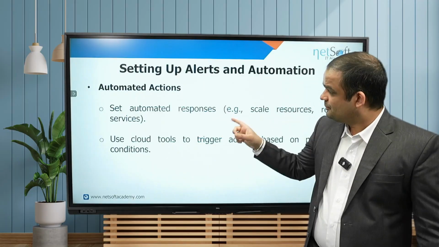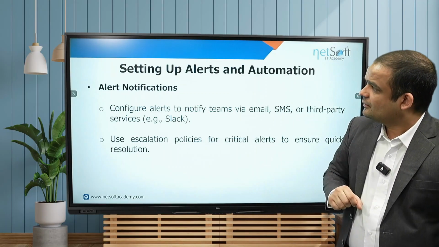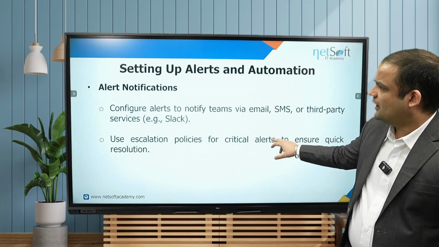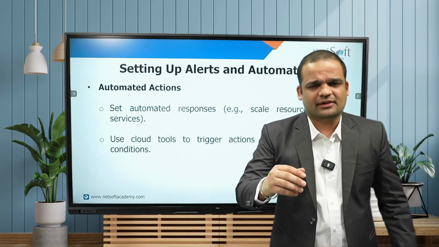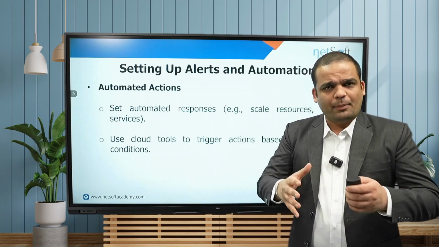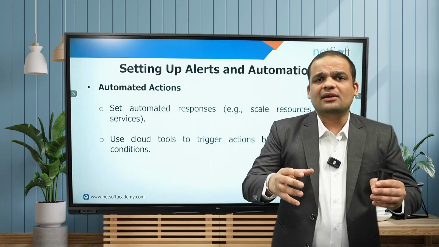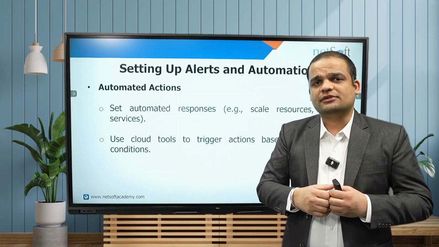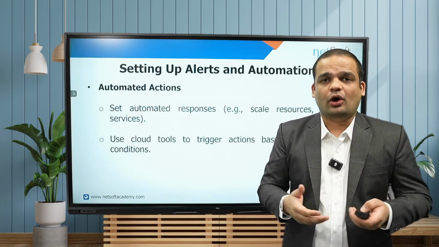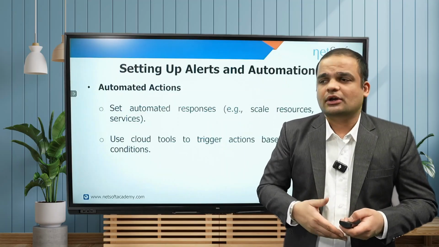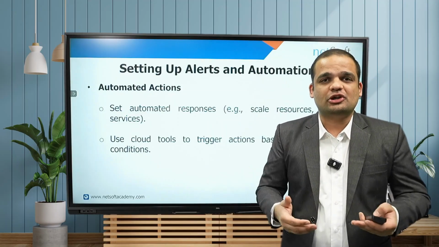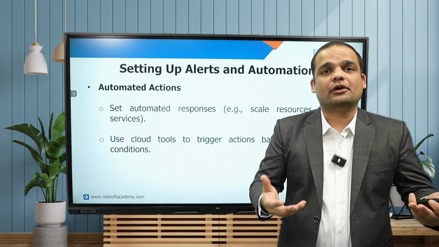Now, before we move to alert notification, I also want to say something else. Let's go back to other examples. Let's say AWS. In AWS, you can use logic like Lambda, or in Azure, you can use Azure Logic Apps to actually automate your response workflow.